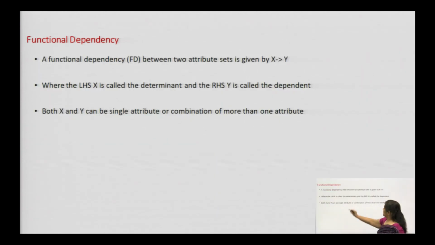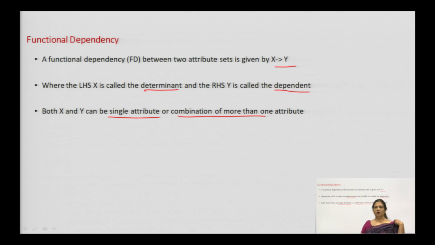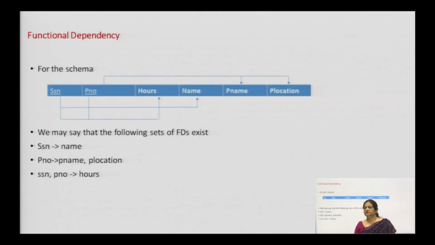A functional dependency between two attribute sets is given by X to Y. I have told you the left hand side is called the determinant and the right hand side is called the dependent. Both X and Y can be single attributes or a combination of more than one attribute. Again we have this relation SSN, PNO, the key is SSN PNO, hours, P name, P location.